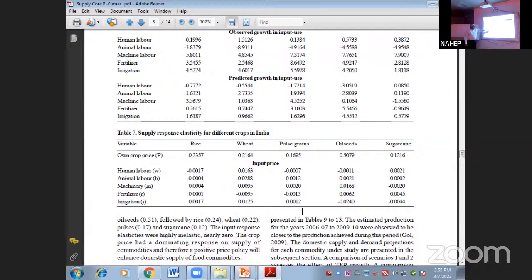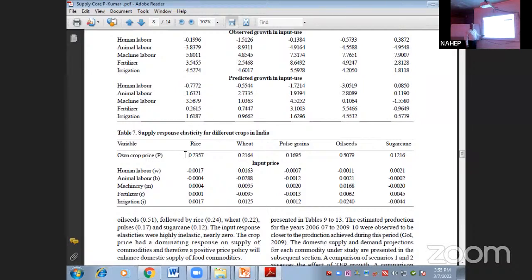Yes, input is very inelastic. So even if we know the subsidy, it's not going to affect the supply. But if you don't give price support to the farmers, then supply will suffer. That is why fixing the price is very important.